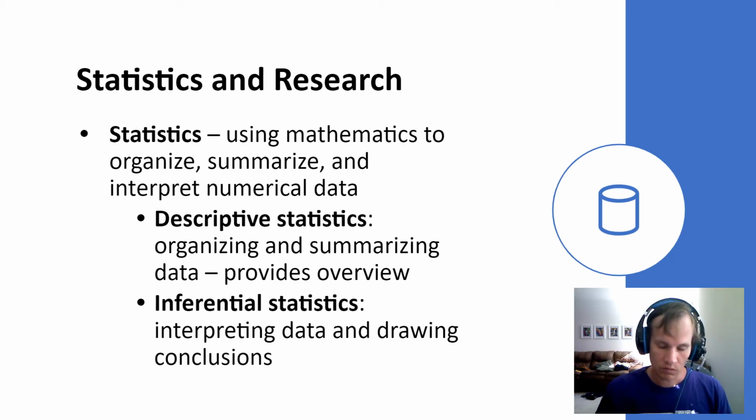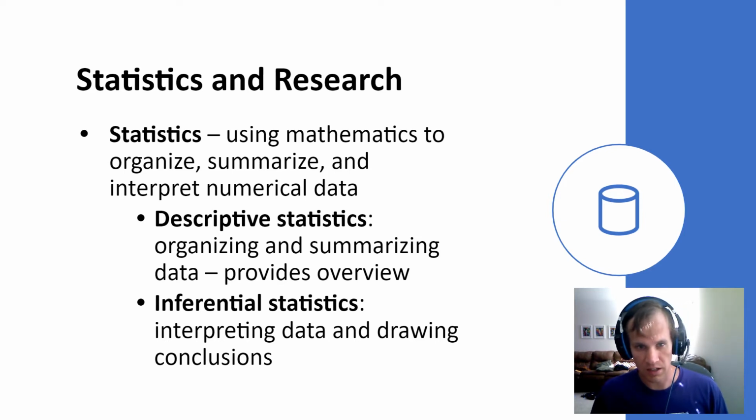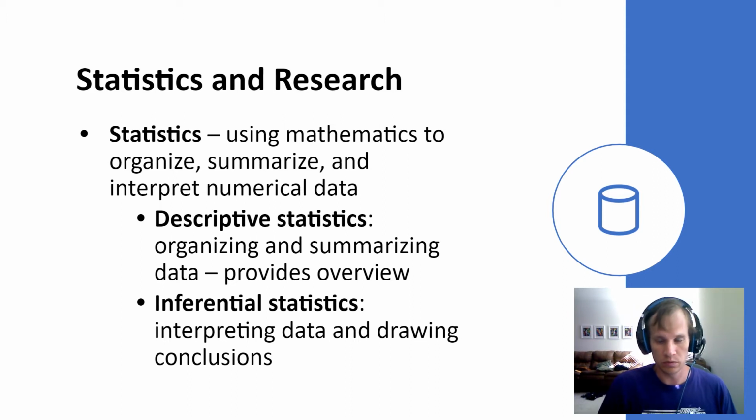So just broad overall, there's basically two types of statistics we're looking at. Descriptive statistics are taking the raw data and organizing it into some sort of useful manner. We'll look at some examples of that in a second. And then once you have that data, whether you use mean or mode, we'll talk about, then you have inferential statistics.